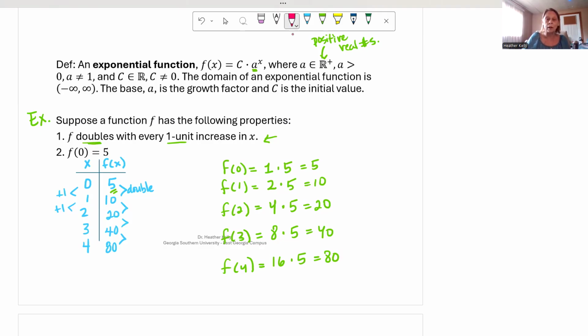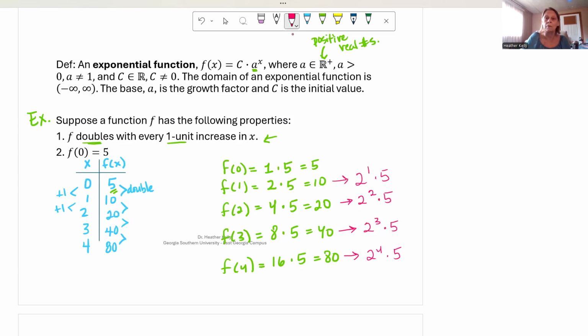So we can rewrite 4 as 2 squared times 5. We can rewrite 8 as 2 cubed times the 5. And the 16 as 2 to the 4th times the 5. So this one is going to be 2 to the 1st power times 5.